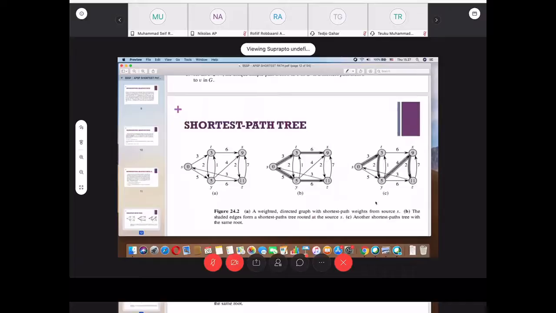So, because we want to find the shortest path from the source to all reachable vertices, I think it's equivalent, even though the form of the tree is different. Okay? It's not a problem.